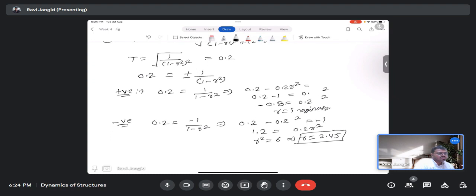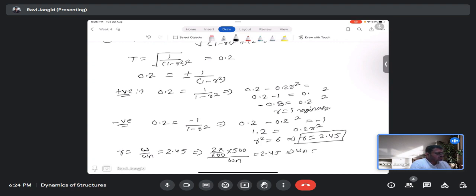If I have r, then you can find out omega by omega n is 2.45. Omega is 500 rpm, so that would be 2 pi by 60 into 500, divided by omega n, equals 2.45.